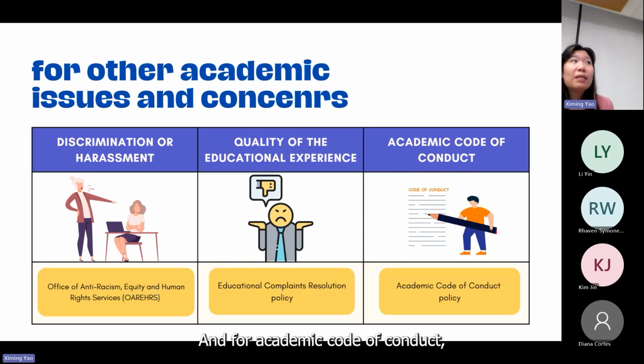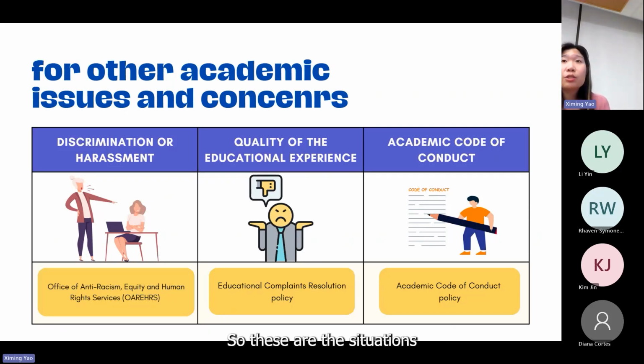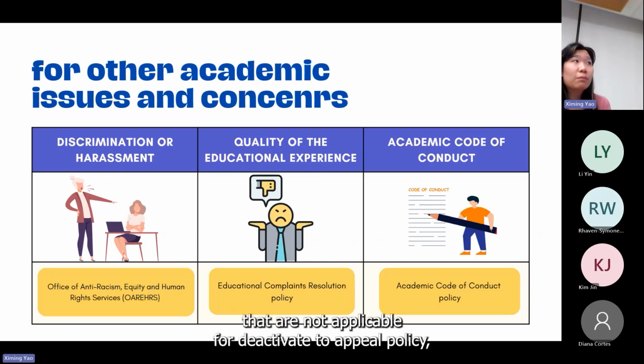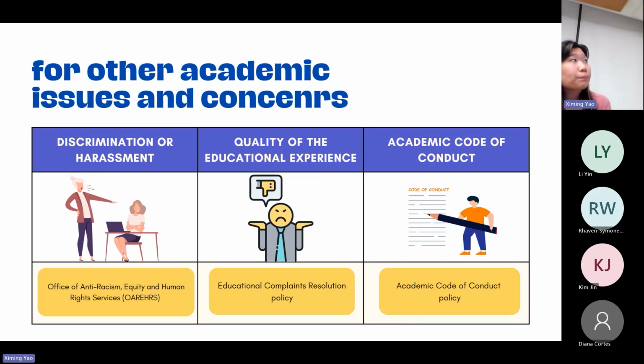For the academic code of conduct, you can refer to the academic code of conduct policy for more details. So these are situations that are not applicable for the academic appeal policy, but can be addressed based on other policies.